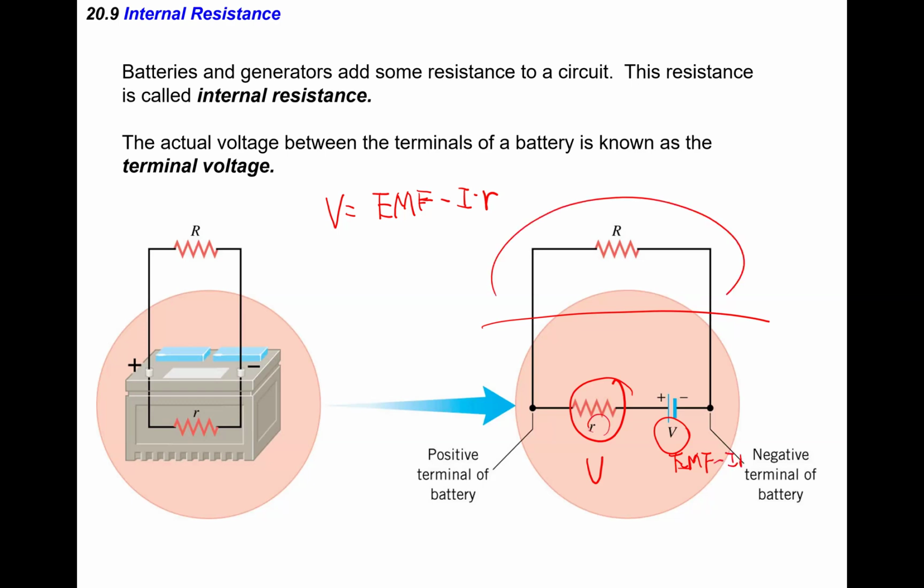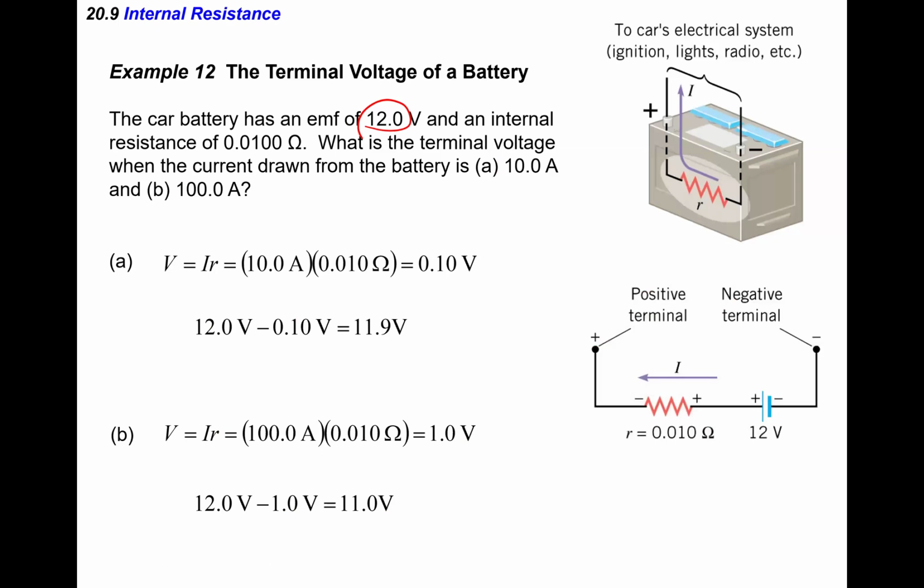So you can take a look at here. If our EMF is 12, let's take some time to look at this example. It's the terminal voltage of a battery. The car battery has an EMF, electromotive force, of 12 volts, so it's here. And the internal resistance of the battery is 0.01 ohm, so this is 0.01.